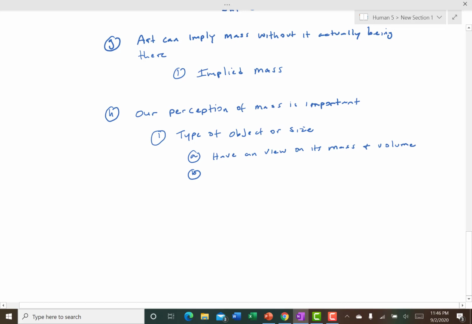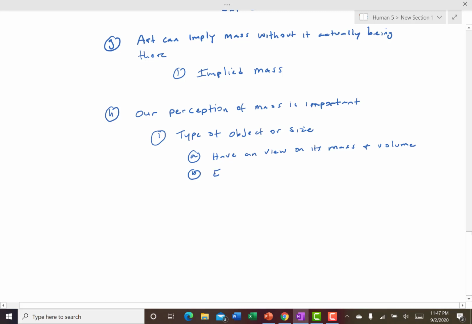For example, a pencil again. If you show me a pencil, I'm going to look at that and have a preconceived idea of the volume of that pencil because I've used pencils before. But I'm also going to have a preconceived idea of the mass of that pencil because I've held pencils before.